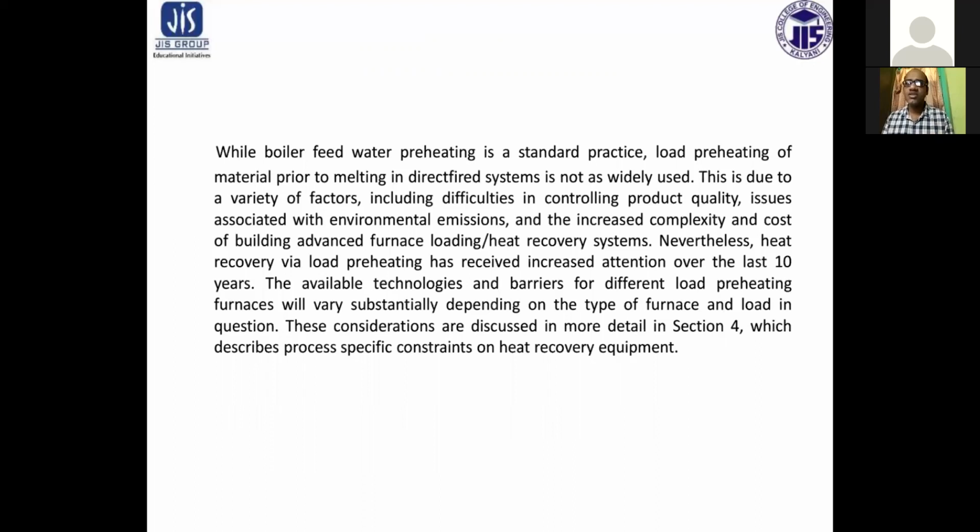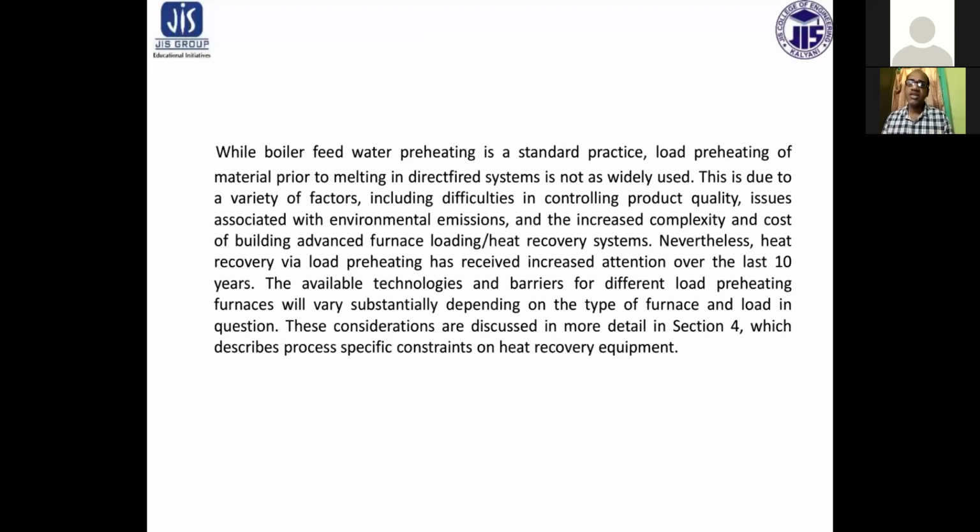This is due to a variety of factors, including difficulties in controlling product quality, issues associated with environmental emissions, and increased complexity and cost of building advanced furnace loading or heat recovery systems.